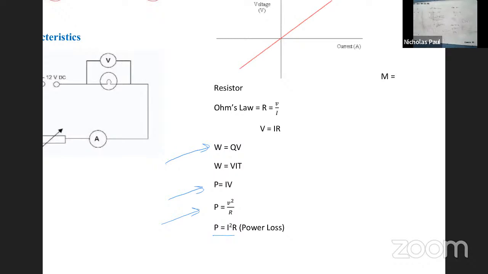Are you okay with that? W is called electrical energy.